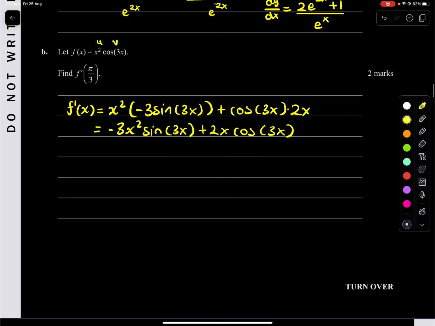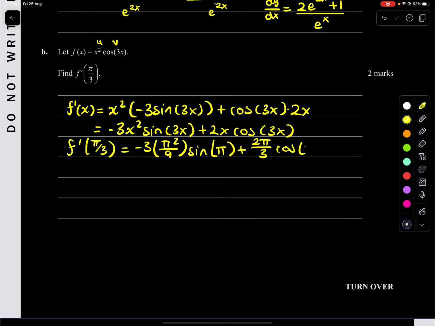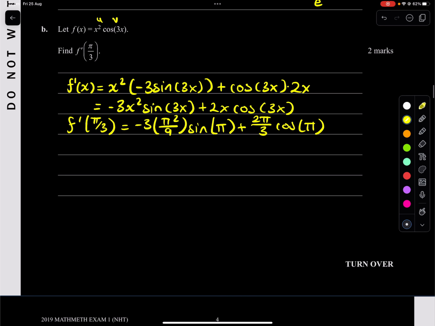Okay, and what we're going to do now is f'(pi on 3) is negative 3 pi squared over 9 sine pi, since pi on 3 times 3 is just pi, plus 2 pi on 3 cos pi. So this will be negative pi squared all on 3 sine pi plus 2 pi on 3 cos pi.